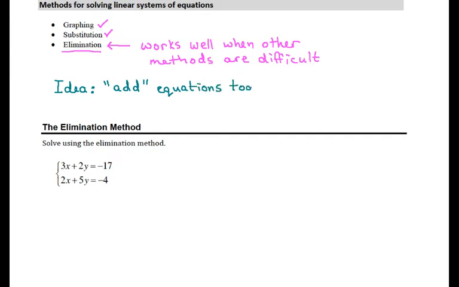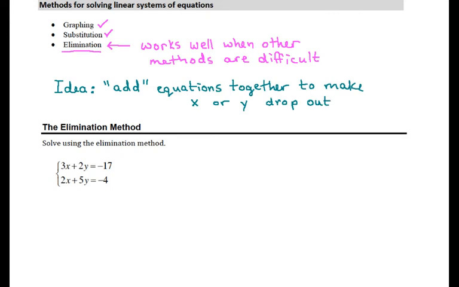We want to modify them if necessary to make a variable drop out. We'll say x or y, it doesn't matter which one, drop out. And we call that eliminating the variable. That's where the elimination comes from.